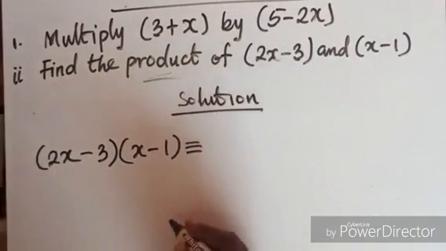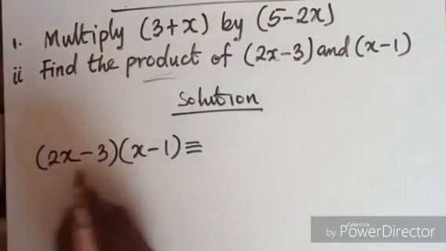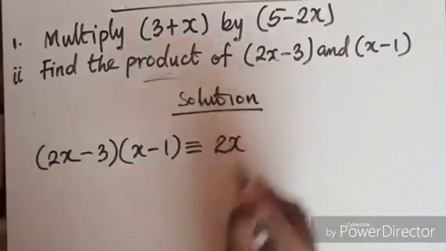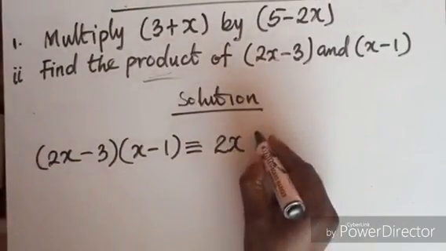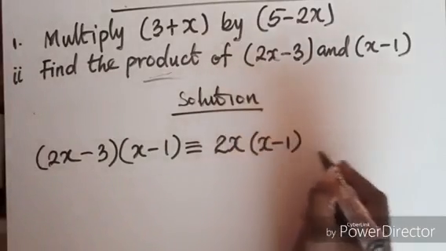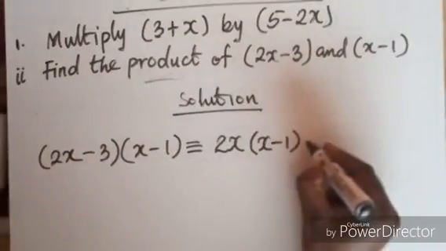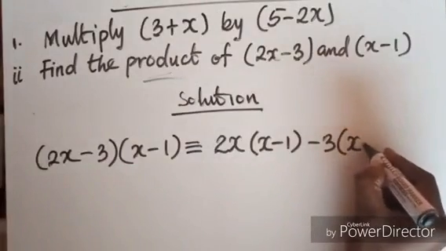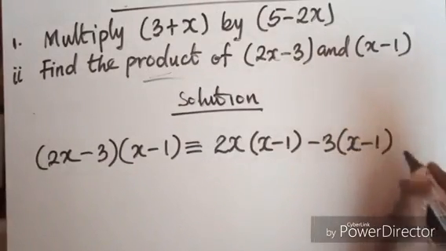What do I have now? This 2x is going to multiply out this, so I'm going to have 2x multiplying x minus 1, then minus 3 also multiplying x minus 1. Good.